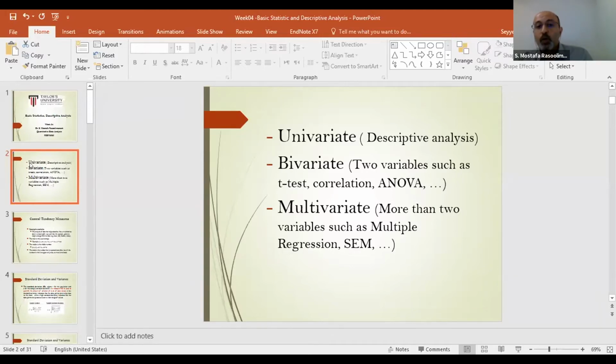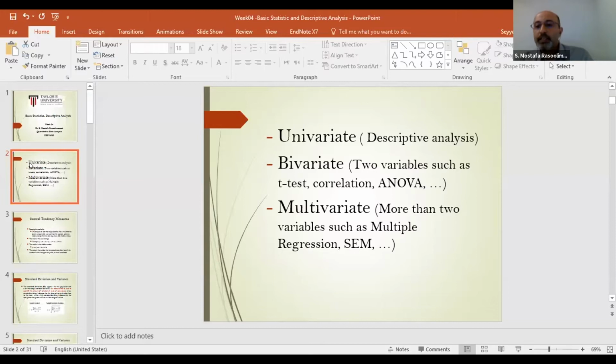We check the relationship between two variables, or the difference between two different situations. When two variables are involved in our analysis, these techniques can be categorized under bivariate.